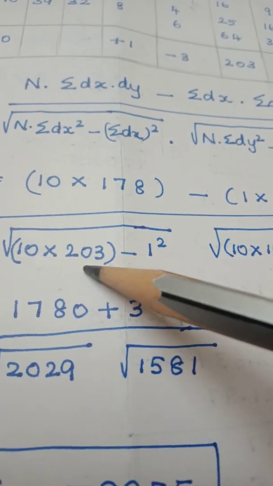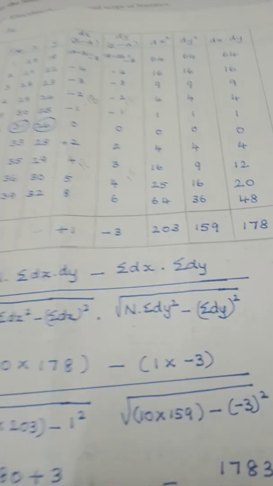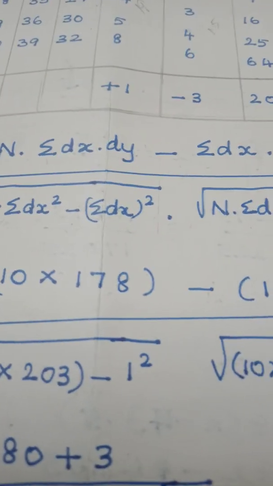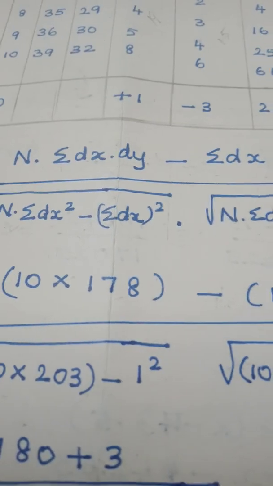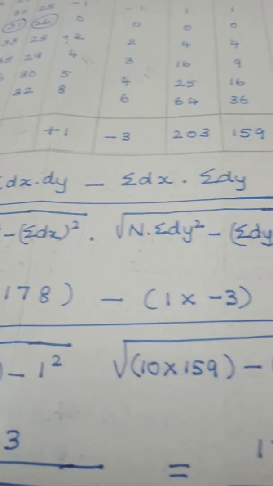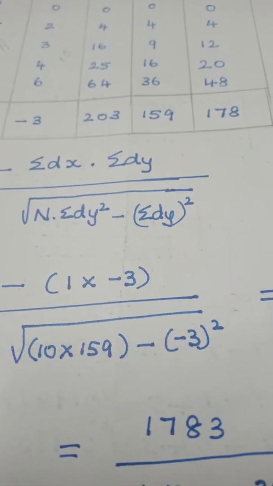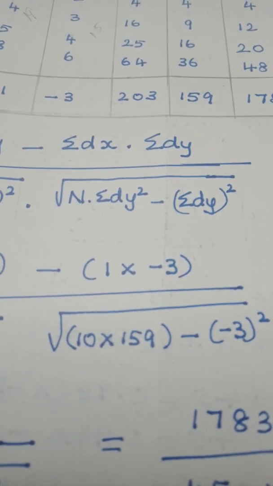10 into 203. What is 10 into 203? Just a second, children. I think I should have simplified this also. Okay, 10 into 203 minus 1 square, into 10 into 159 minus 3 square.